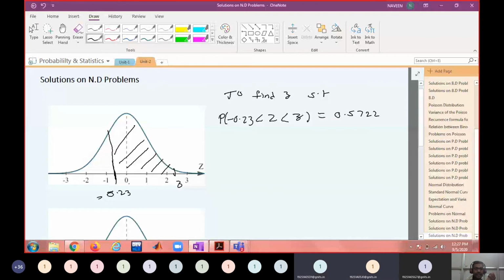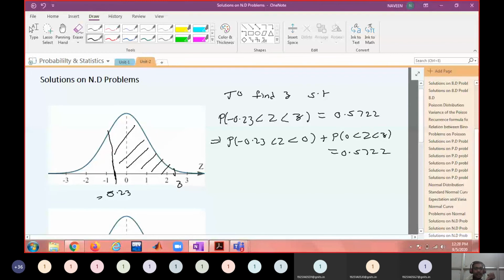So from minus 0.23 to z, I can write it as minus 0.23 to 0 plus 0 to z equal to 0.5722. I am splitting minus 0.23 to z as minus 0.23 to 0 and 0 to z.